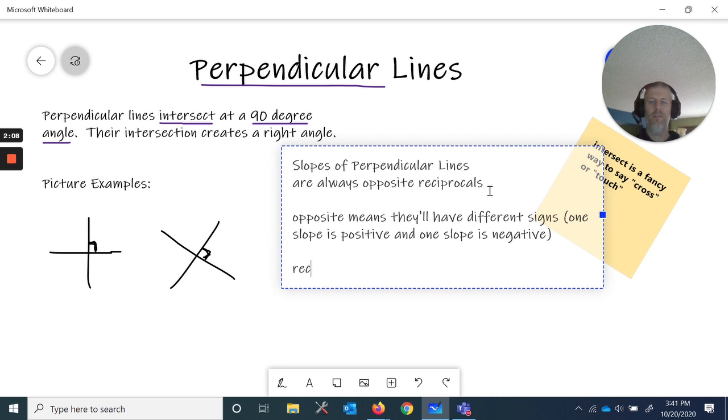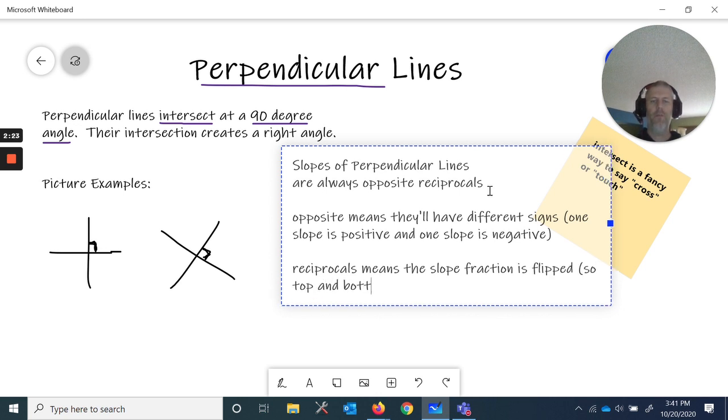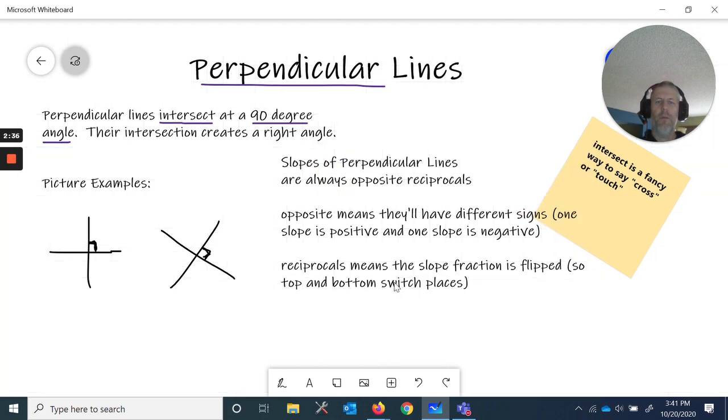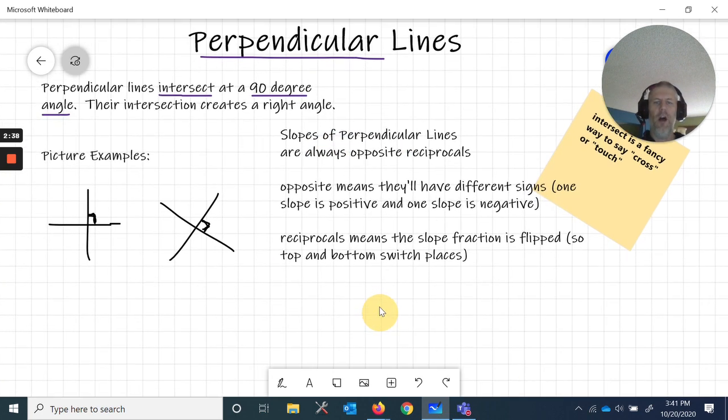Okay, and they're reciprocals, and that means the slope fraction is flipped. So top and bottom switch places. Okay. And so that always works for perpendicular lines. Their slopes will always be opposite reciprocals.